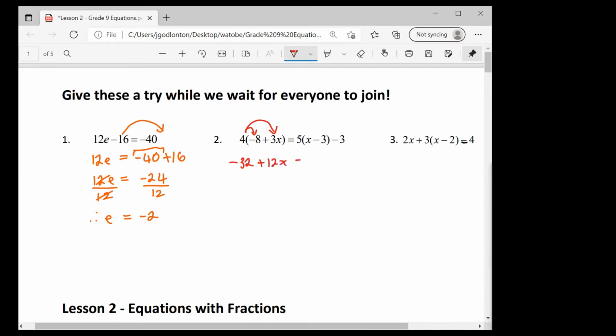Excellent. Well done. Okay. Now let's work on the right-hand side. What happens there? Then, ma'am, I say 5 times x, which is 5x. Good. Then, ma'am, I say 5 times -3, which is -15. Excellent. And then it's going to be -3.